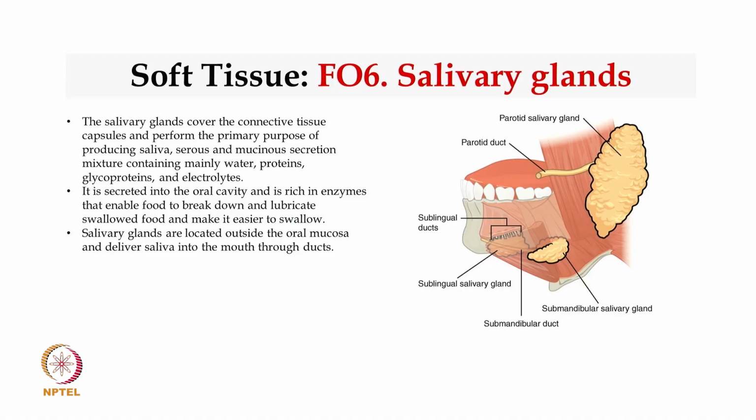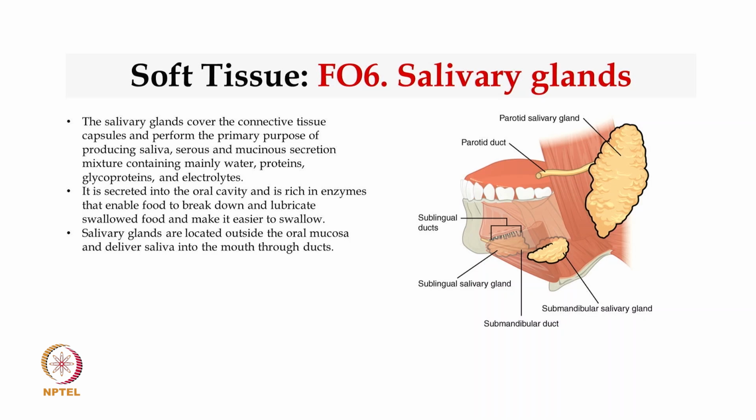Okay, the next soft tissue is the salivary glands. Salivary glands are covered by connective tissue capsules and perform the primary purpose of producing saliva, with serous and mucous secretions and mixtures containing mainly water, proteins, glycoproteins, and electrolytes.